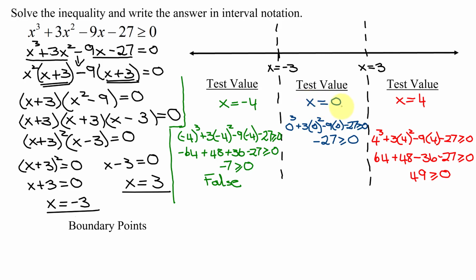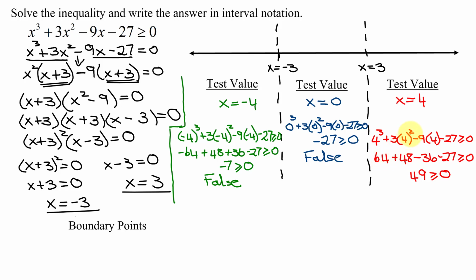Looking at the next test value of x equals 0, plug 0 here, here, and here, I get this statement. So the first 3 terms turn into 0, so I just get is -27 greater than or equal to 0? Again, that is a false statement, so I do not want the region in between -3 and 3. Finally, looking at the test value of x equals 4 in the last region, plugging 4 into the inequality, I get this statement. 4 cubed is 64.